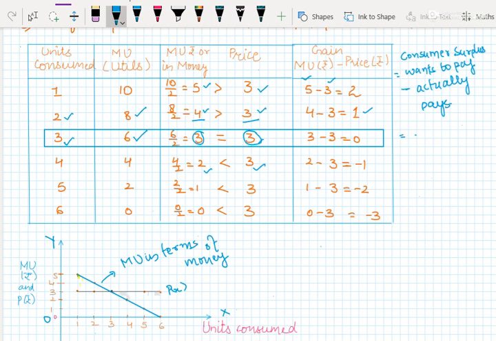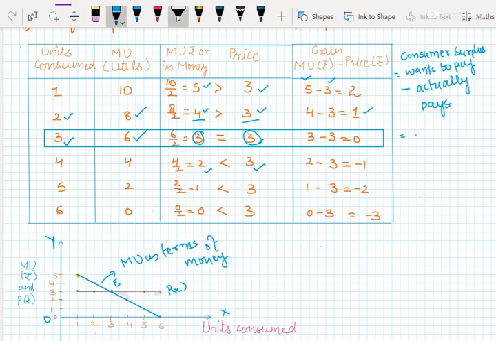Dear students, the consumer will be in equilibrium at point E, because as we have discussed in the table, here the marginal utility he is getting and the price he is paying are equal to each other. His marginal utility of money is rupees 3 and the price of the commodity is also rupees 3. So any increase here will decrease the total satisfaction of the consumer.